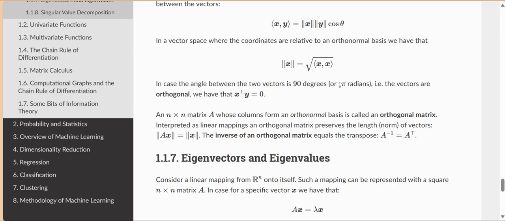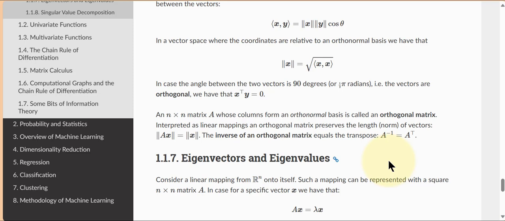And then there's one more property about orthogonal matrices, and that is that the inverse and the transpose are equal. So that kind of makes life super nice. What do I mean by that? Well, oftentimes we would like to find the inverse of a matrix, but it's a lot of work in general to do it.